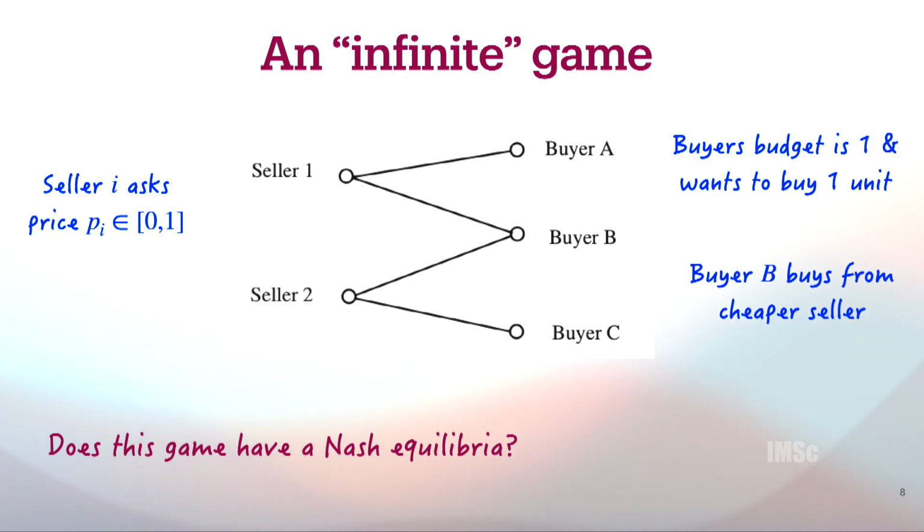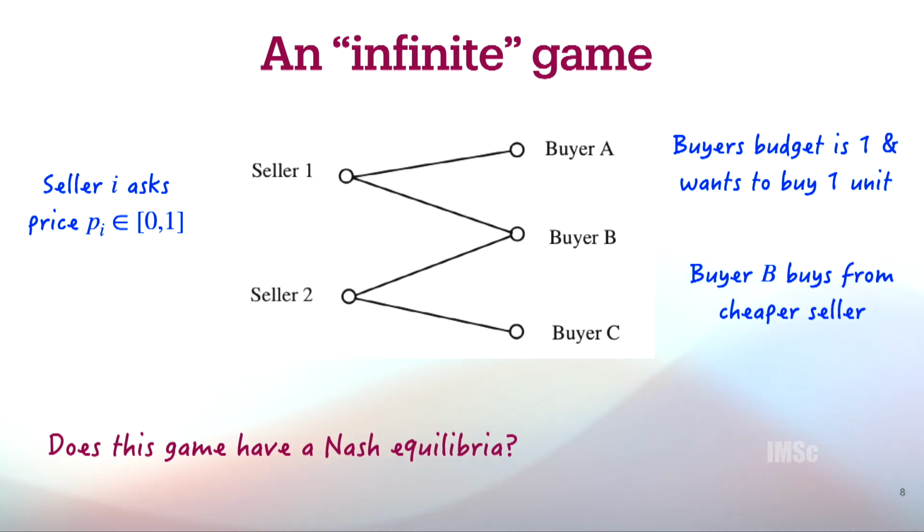So you guys think why this setup, where every buyer basically has budget 1, he wants to buy some item. Buyer A can only buy from this guy, buyer C can buy only from seller 2, but buyer B has this choice of 2 sellers. He obviously is going to try to buy from the person who will give him the product cheapest.